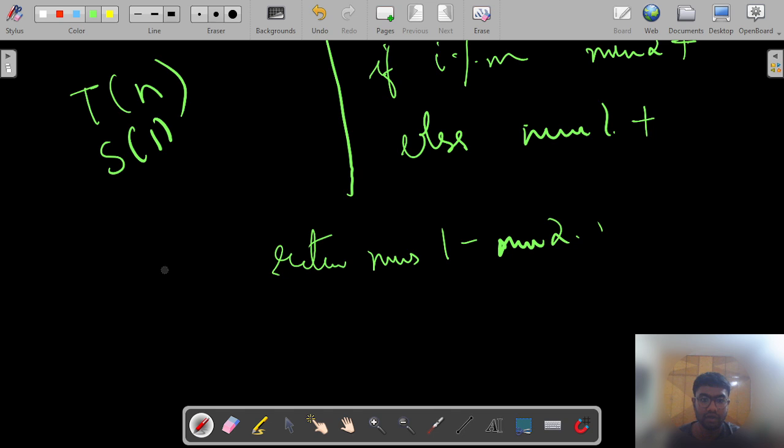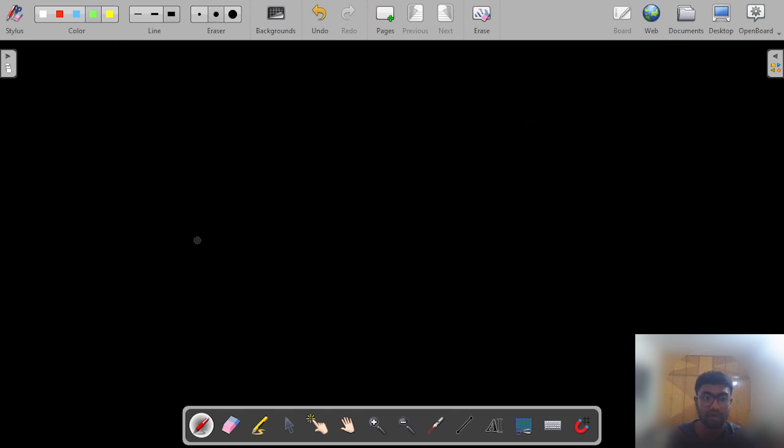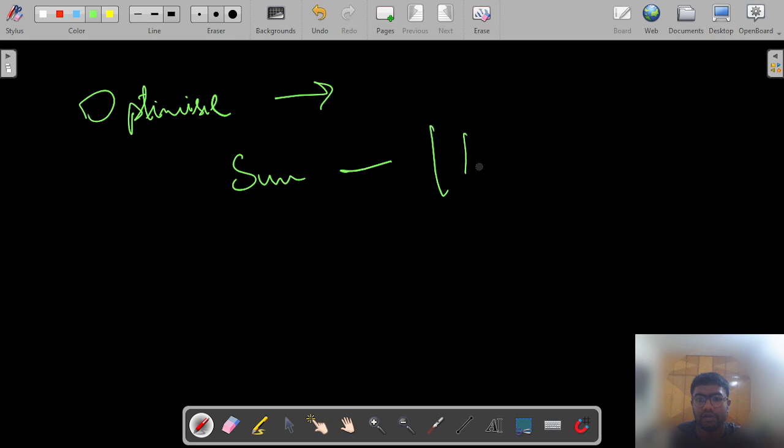But we can have an optimized approach using simple mathematics. So we know that the sum of integers ranging from 1 to n will be n into n plus 1 by 2.